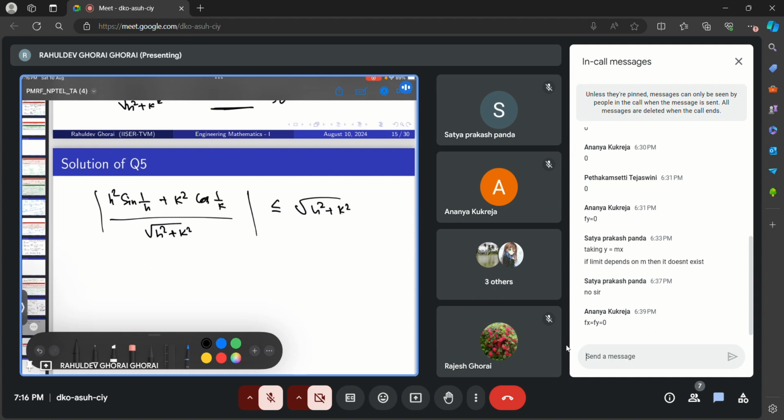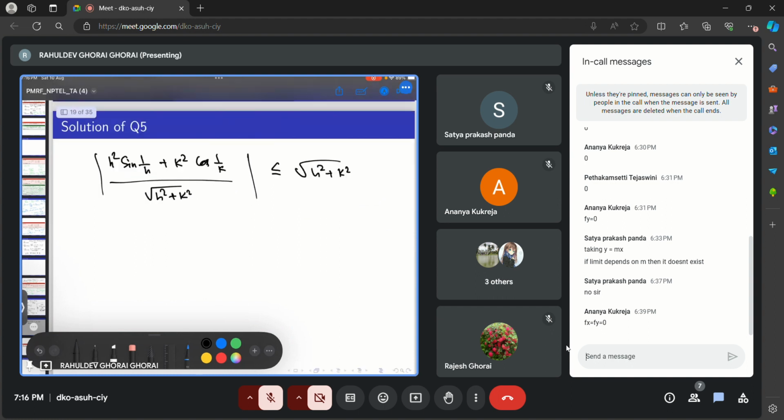Then minus square root of h square plus k square is less than or equal to the expression, which is less than or equal to square root of h square plus k square.